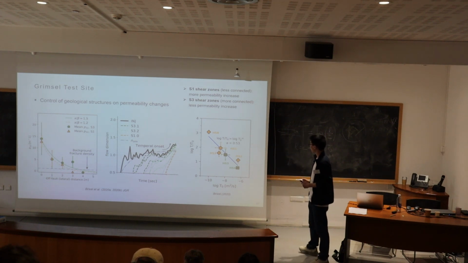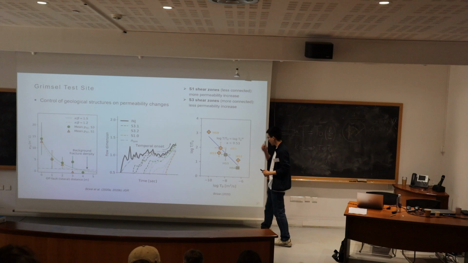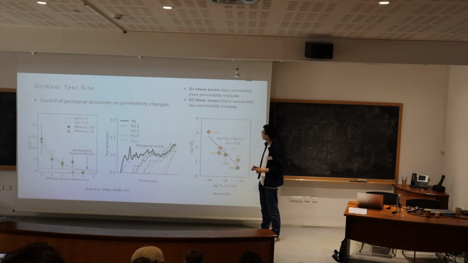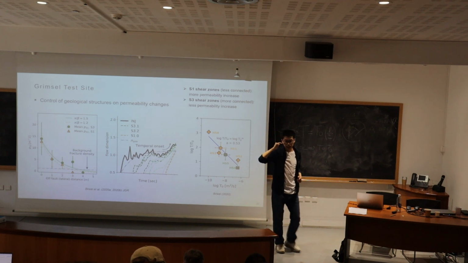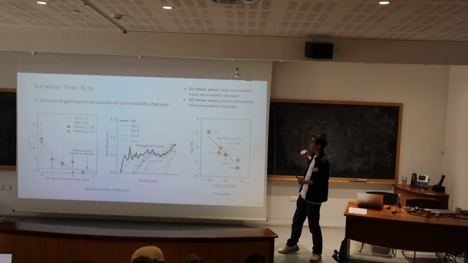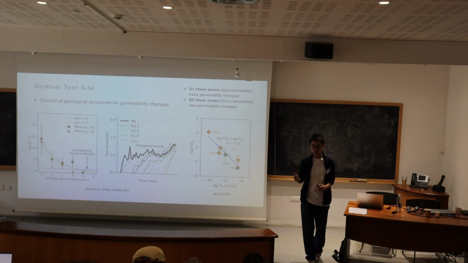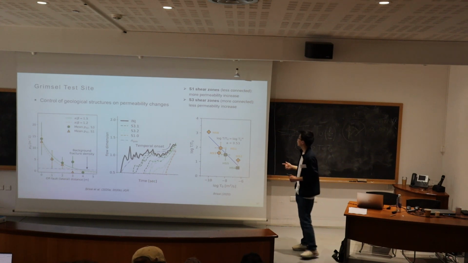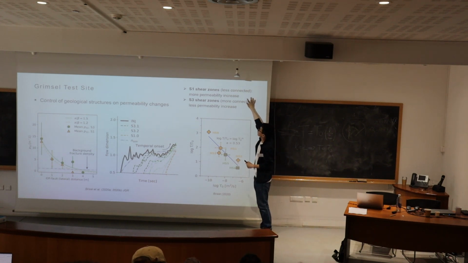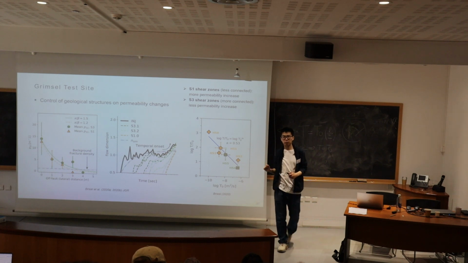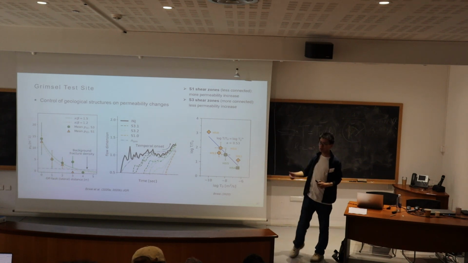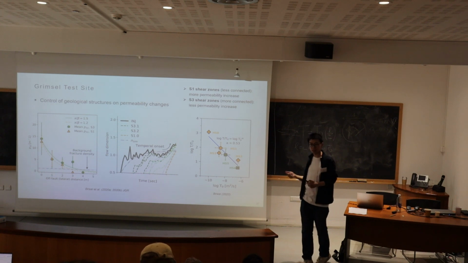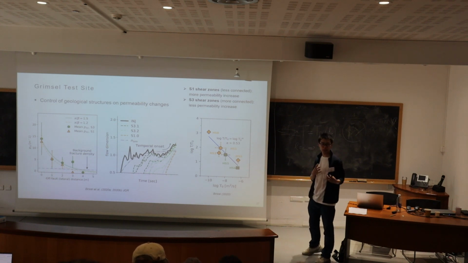Then the interesting thing is that after the stimulation, we found the S3 shear zone, which initially has a higher permeability, has less permeability gain after the stimulation. Whereas the S1 shear zone, which is less connected at the beginning, has more permeability gain after the stimulation. So it's a little bit contradictory.